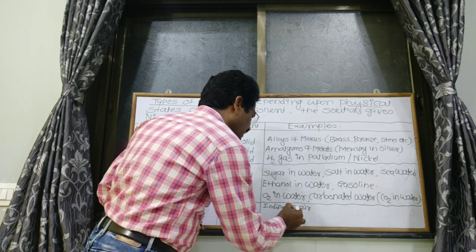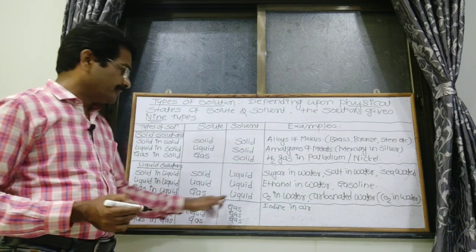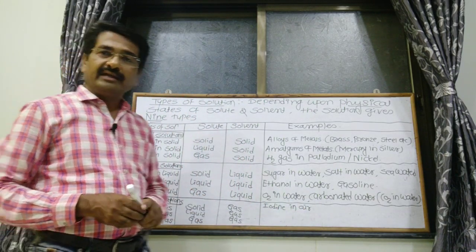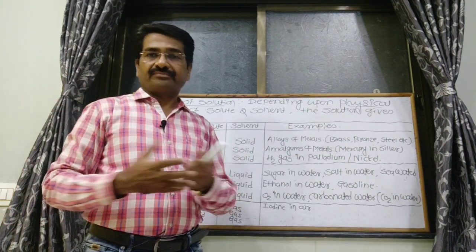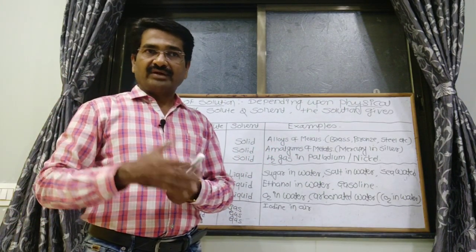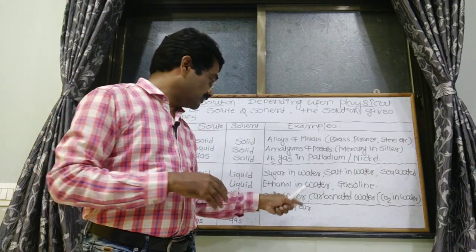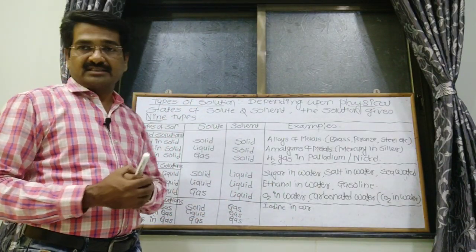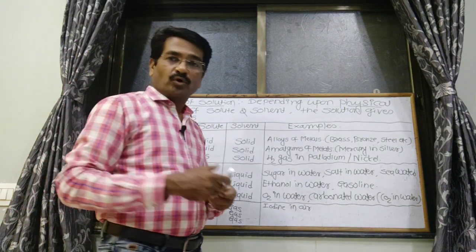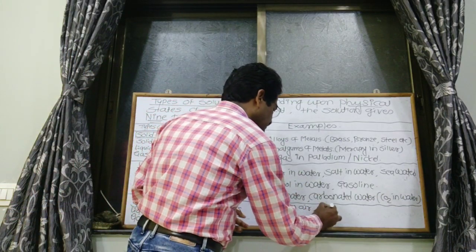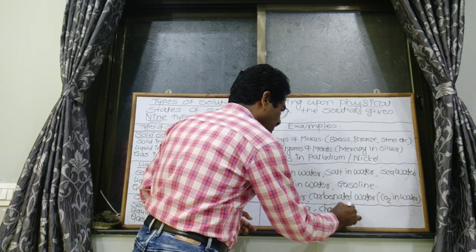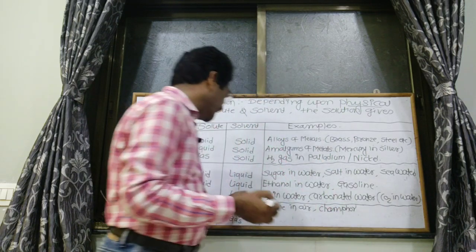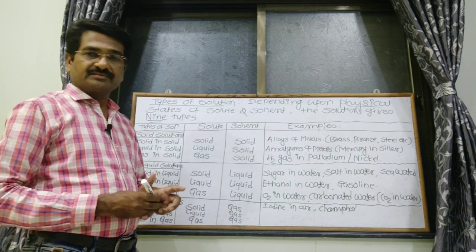In this example, iodine is the solid and air contains the gases. When iodine is evaporated, it forms the mixture or solution that is called solid in gas. Or camphor. Camphor is the next example of solid in gas.